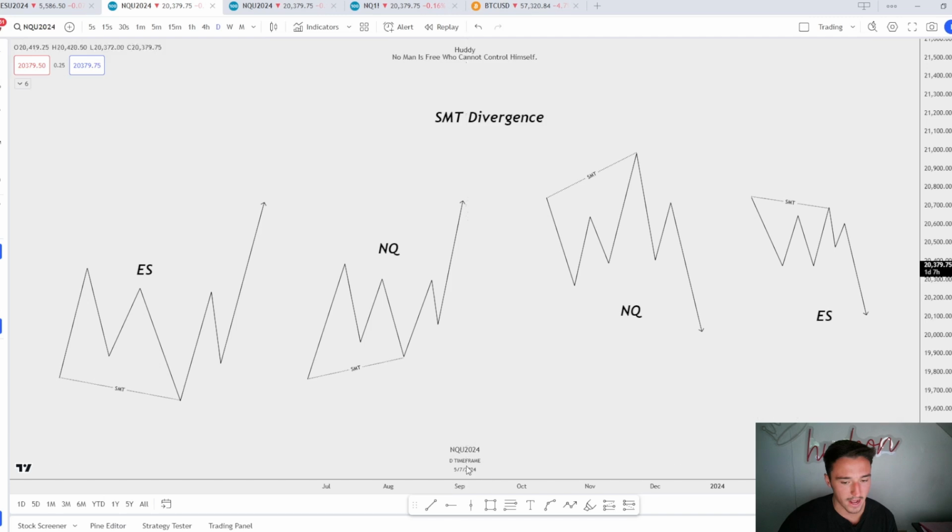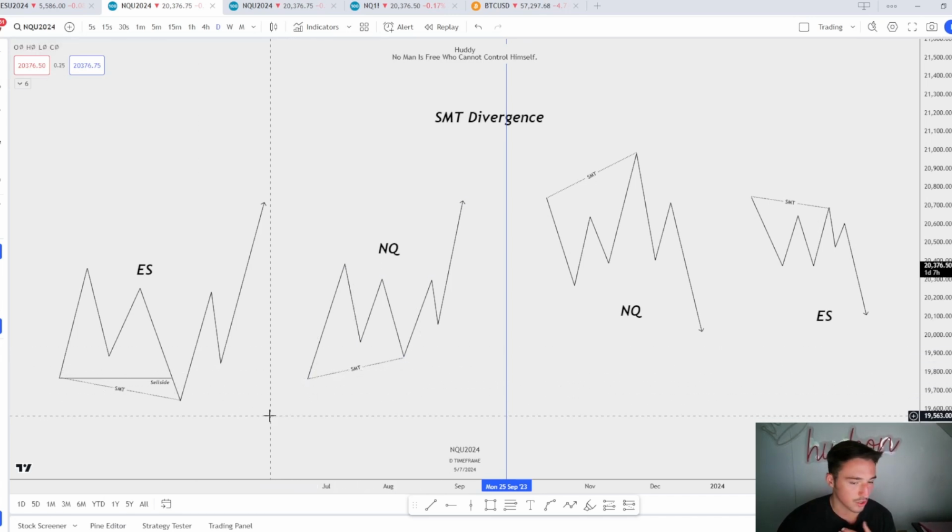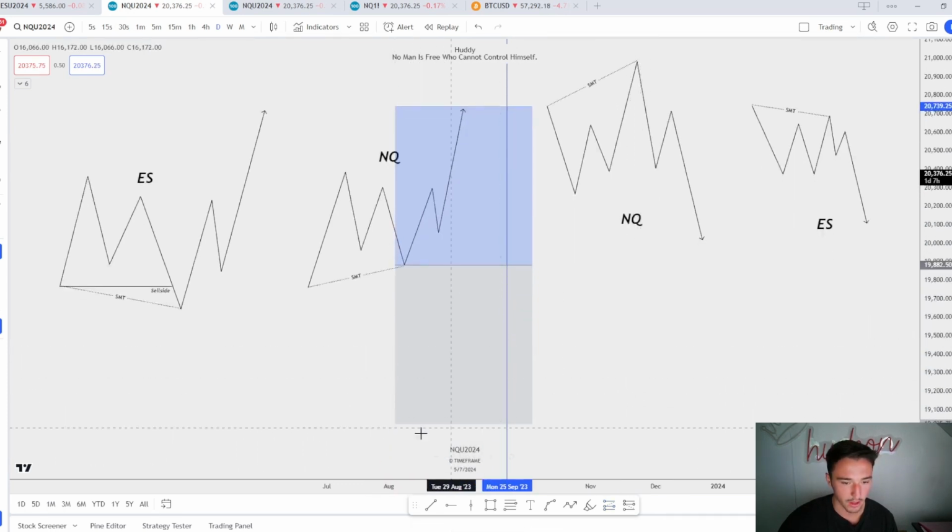So right here we have two different depictions, one bullish and one bearish. Right here on ES, what do we see? Well, ES comes down and takes this sell side. So ES takes this low, but take a look over here at NQ. NQ is not going lower than here. And you do not have to, unless you want to turtle soup. If you want to try soups, your entries and your risk will be a lot better.